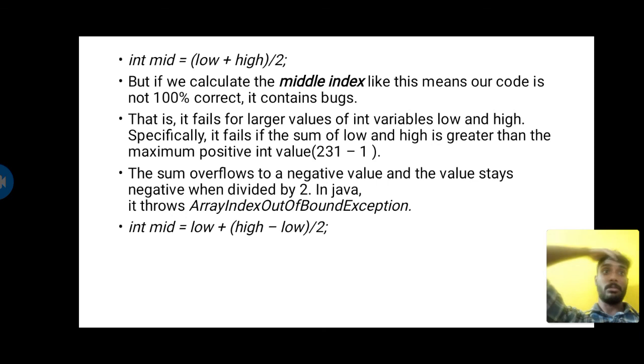It contains a bug: it fails for larger values of the variables low and high. Specifically, it fails if the sum of low and high is greater than the maximum positive int value, 2^31 - 1. The sum overflows to a negative value, and the value stays negative when divided by 2. In Java, it throws an ArrayIndexOutOfBoundsException. So use int mid = low + (high - low)/2.